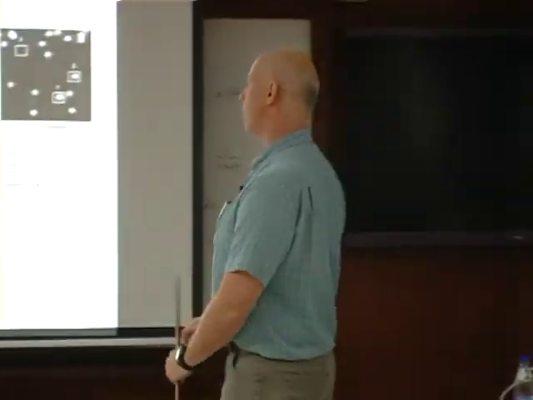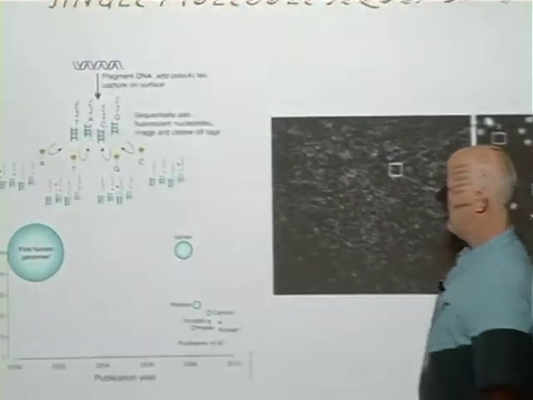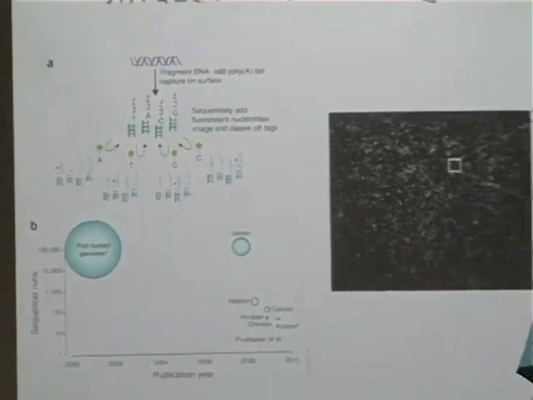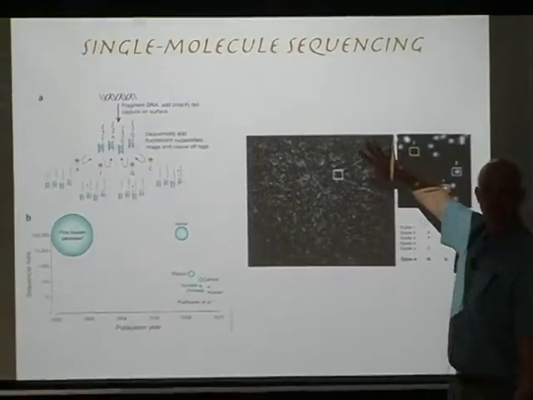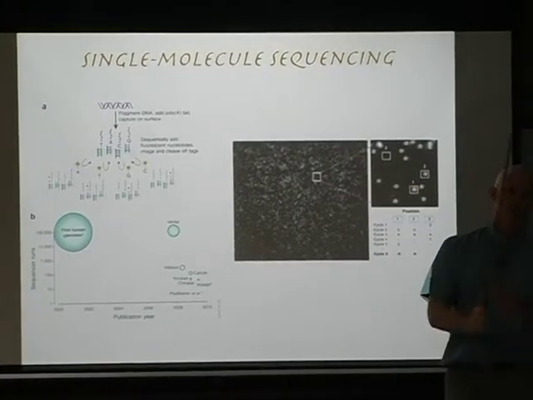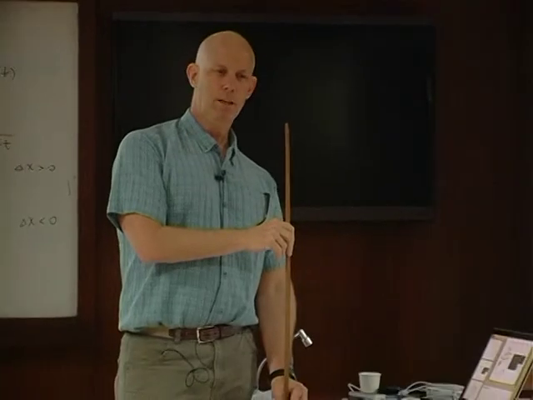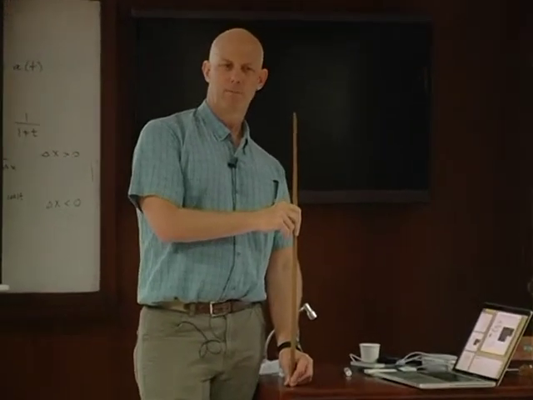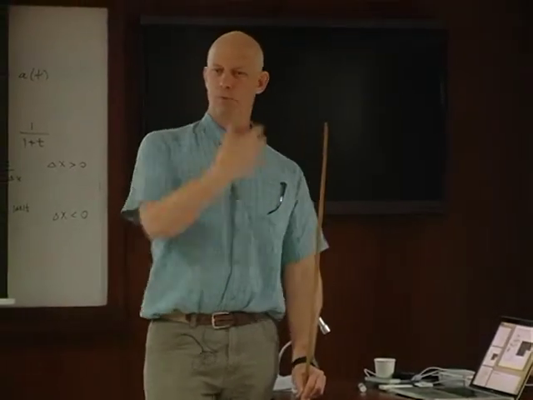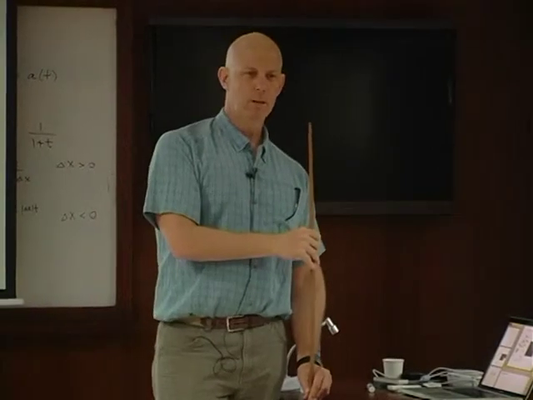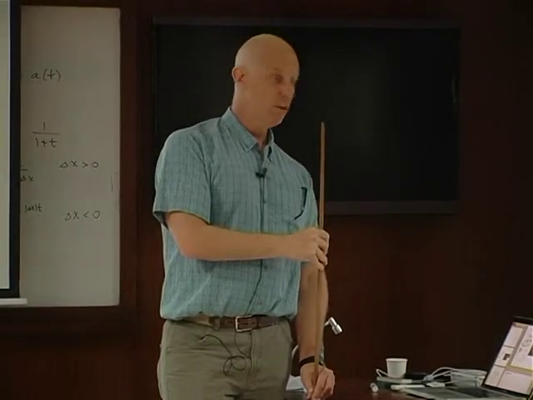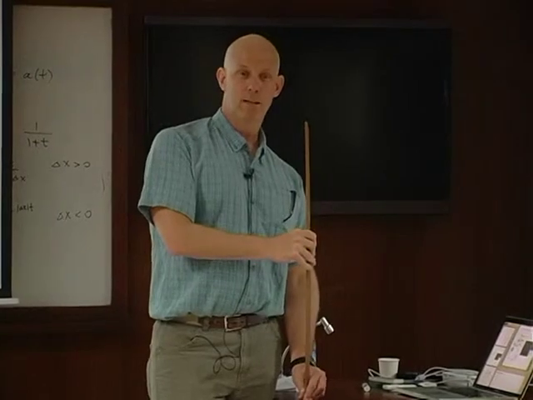And now what you do is you flow in A's that are fluorescently labeled. And you look in the field of view, and you ask, which of the guys glowed? Because if they glowed, they took on an A. Then you wash out the A's, and you put in the T's. And you look again. And then you say, which guys glowed?